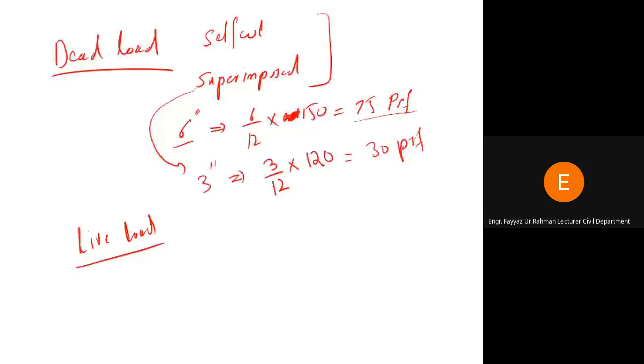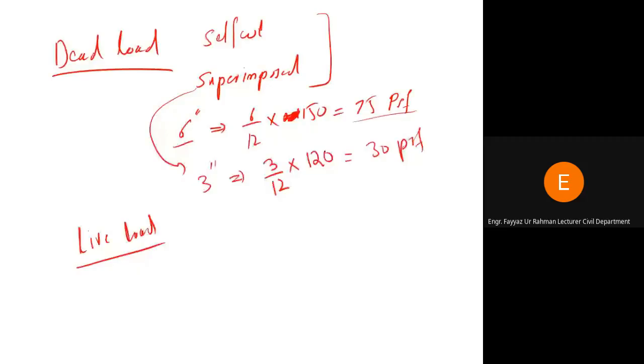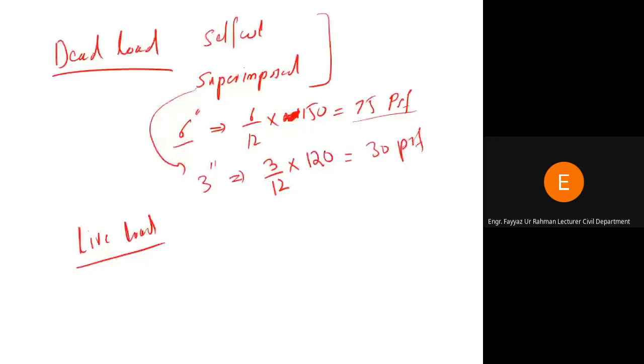Because, for example, take a classroom. Even for a classroom you cannot calculate the live load exactly. If there are 40 students in a classroom, sometimes there will be 25 students, sometimes there will be 45, sometimes there will be 50 registered, so it is not determined. Clear? So this can be determined probabilistically.